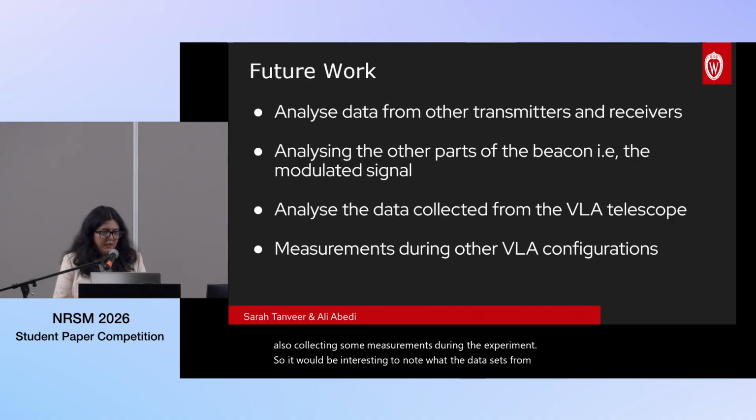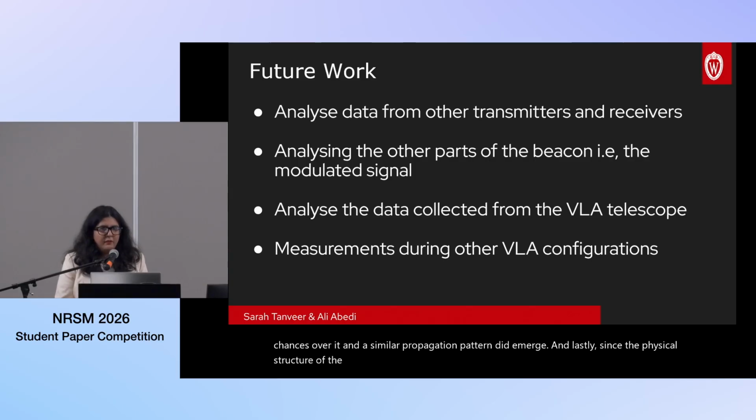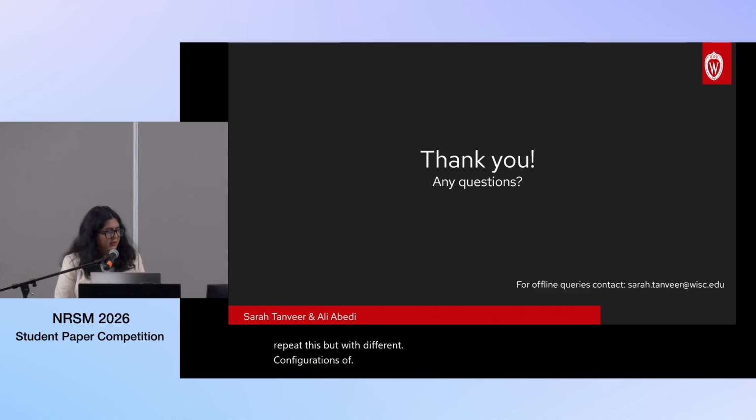We have done some cursory glances over it, and a similar propagation pattern did emerge. And lastly, since the physical structure of the telescopes is affecting the SNR, perhaps it would be interesting to repeat this, but with different configurations of the VLA. And that is all from me.